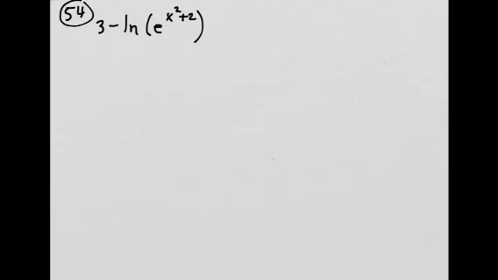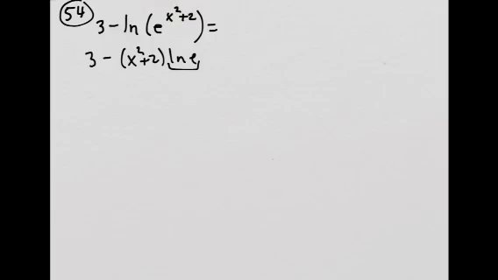So for 54, we have natural log of e to the x squared plus 2. The x squared plus 2, that whole thing here, is the exponent. So this is going to come to the front of the log as its coefficient, and so you're going to have 3 minus x squared plus 2 times natural log of e.